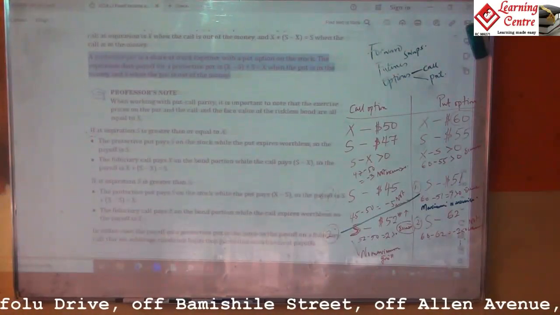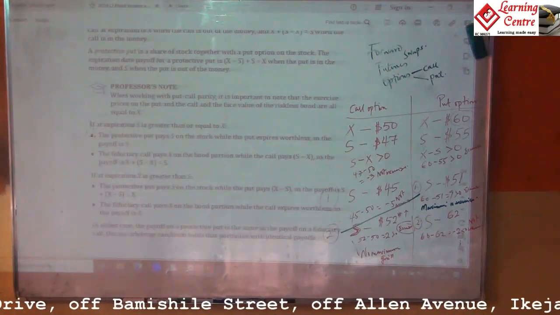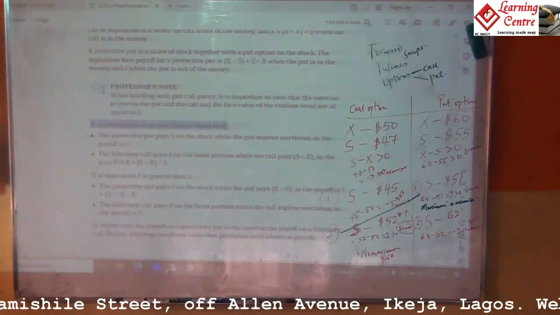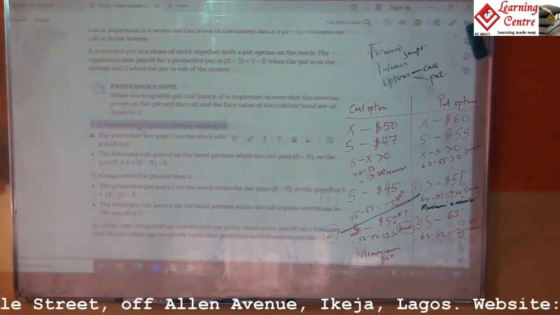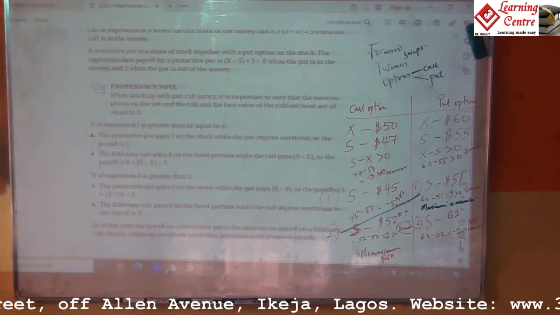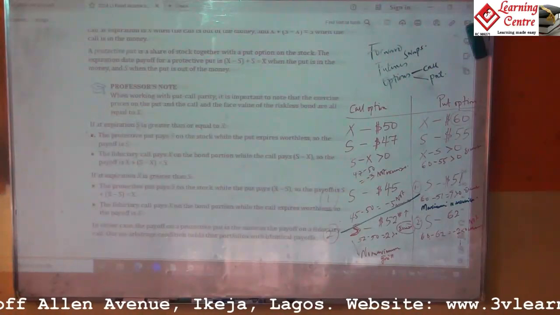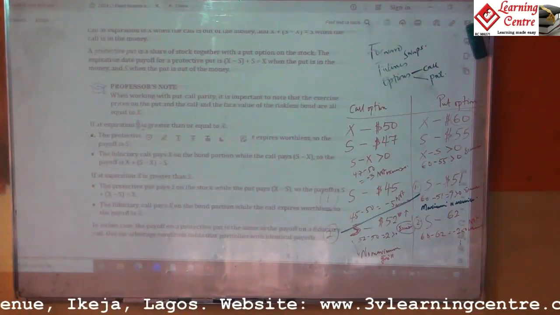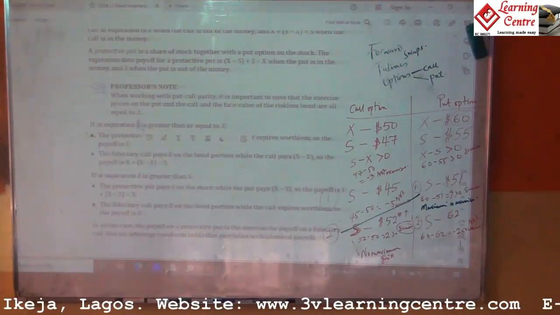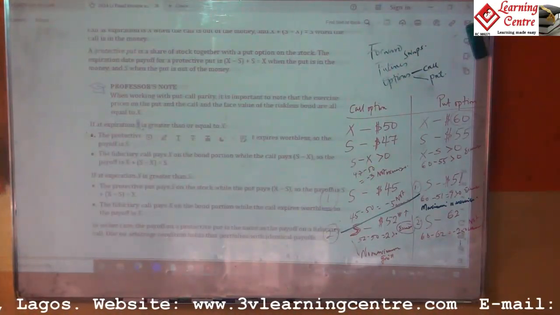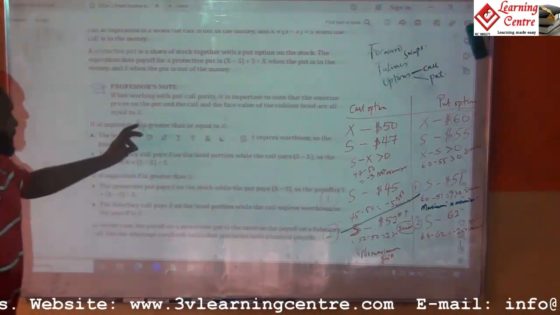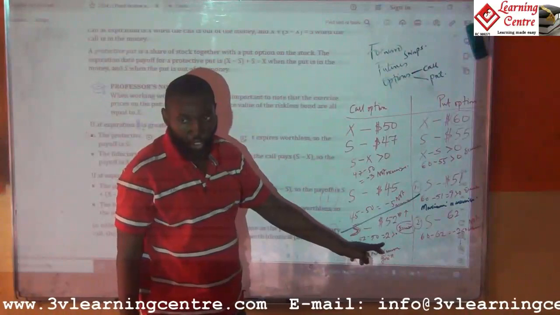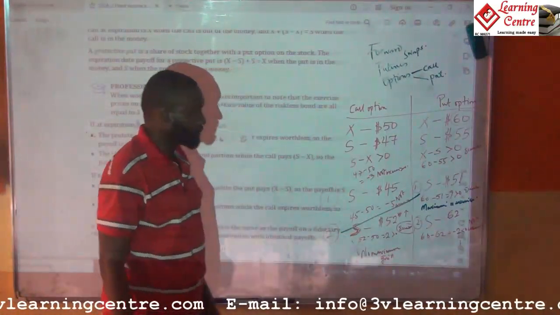So let me explain. If at expiration S is greater than or equal to X, right? At the end of the day, let's look at the put. We're using S to say that at the end of expiration, we discover that the price S is greater than X, which is this for the call option, scenario 2.